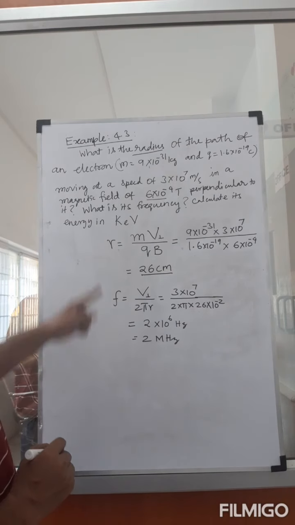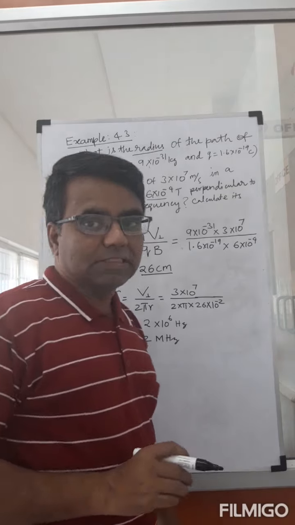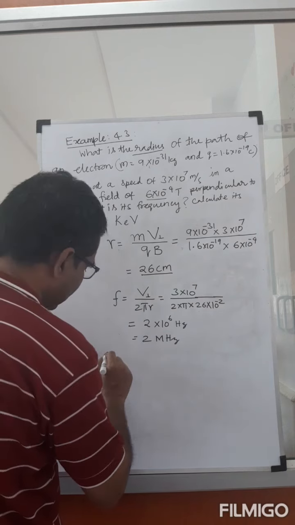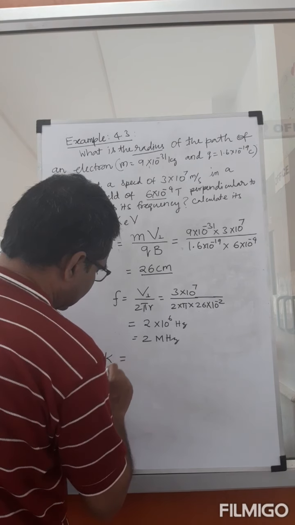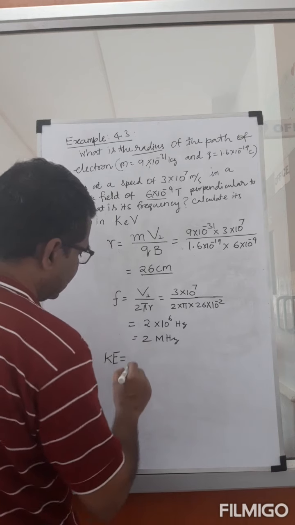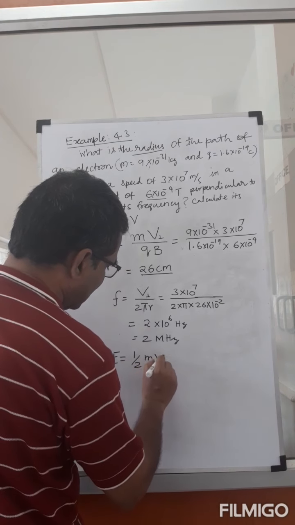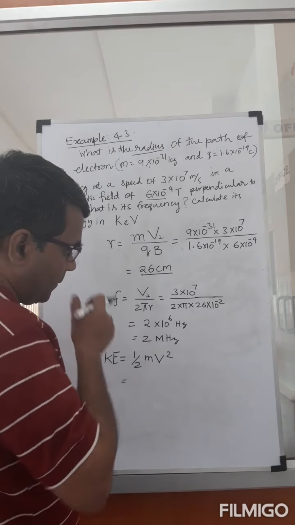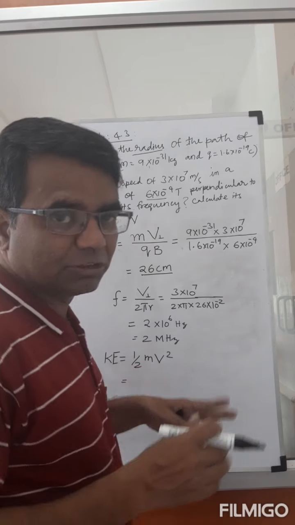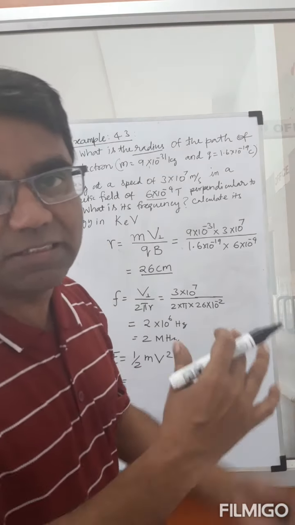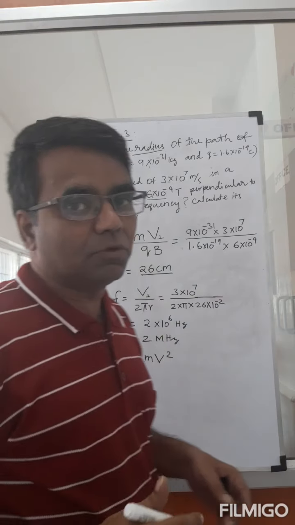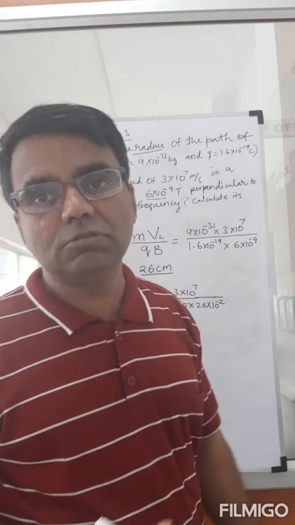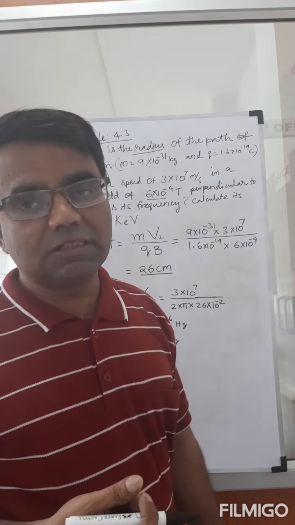And the third is the kinetic energy in kilo electron volts. Okay, what is kinetic energy? KE, kinetic energy, is equal to half m v squared. So note that I am not putting any perpendicular component here, because all the speed, whether it is acting in the horizontal component or the vertical component, will contribute to the total kinetic energy.